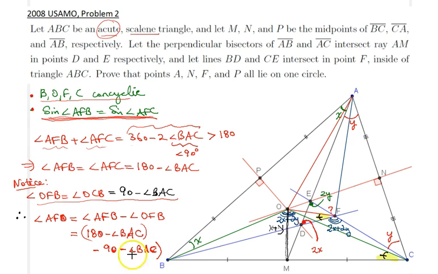In parentheses, obviously, the BACs cancel out, and the difference is just 90 degrees, as we wanted to show. So we just proved that angle AFO is 90 degrees. As a result, it subtends the diameter AO, and F must be on the circle APON. And that solves our problem. Hope you enjoyed the video. See you in our next lecture.